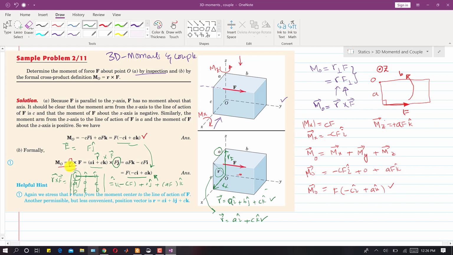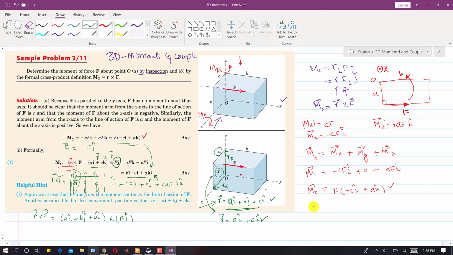Now if instead of this R I use this R as the moment vector or moment arm, so I write R cross F with this new R: Ai plus Bj plus Ck, cross that force vector, Fj, right?